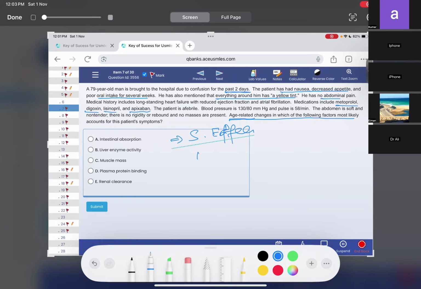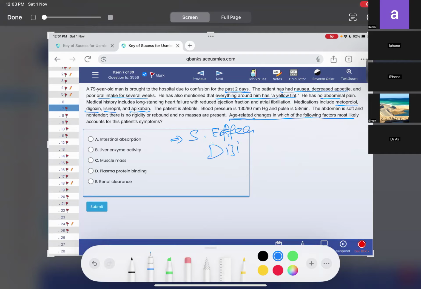Excellent, digoxin, because of the color alteration. Number two is the nausea and decreased appetite, meaning anorexia.